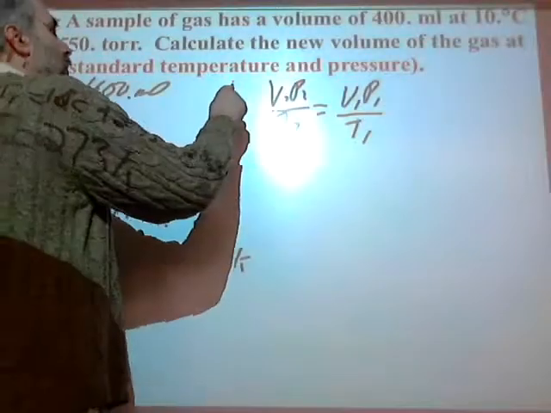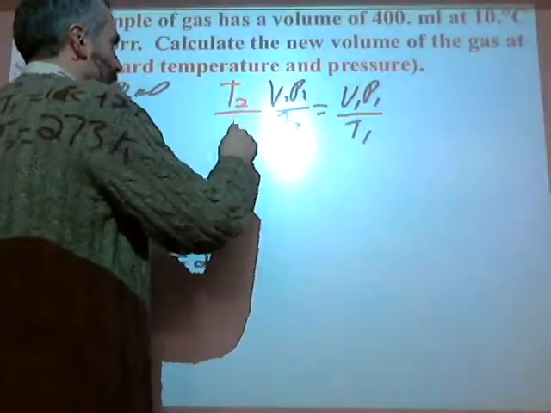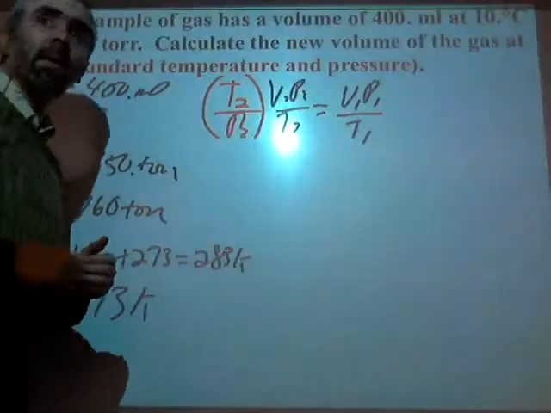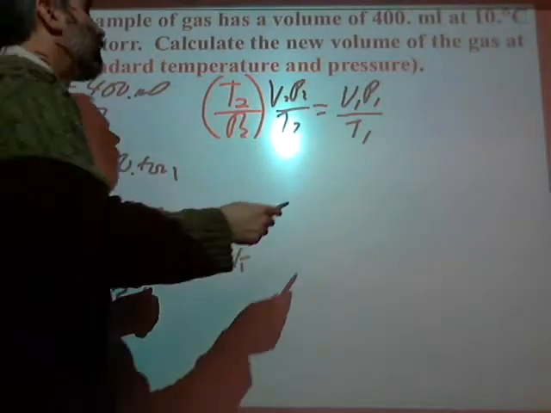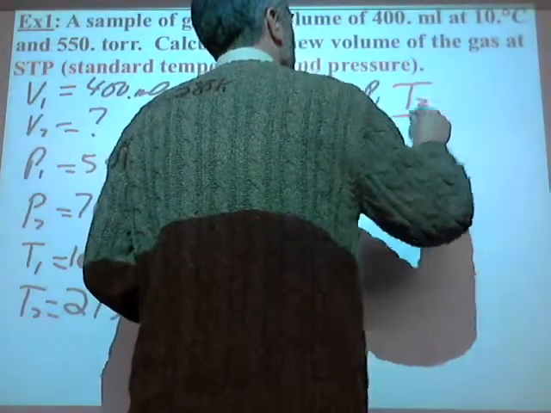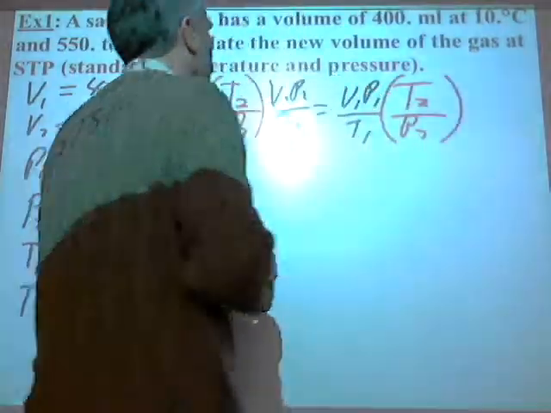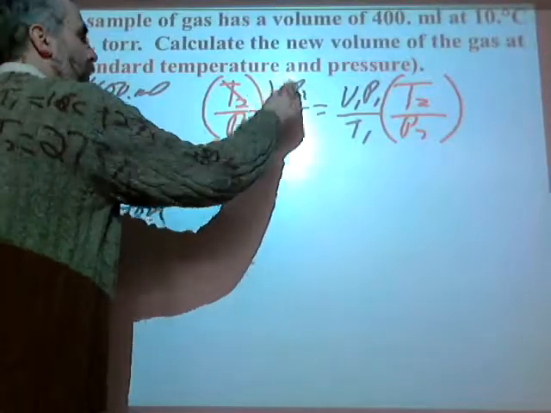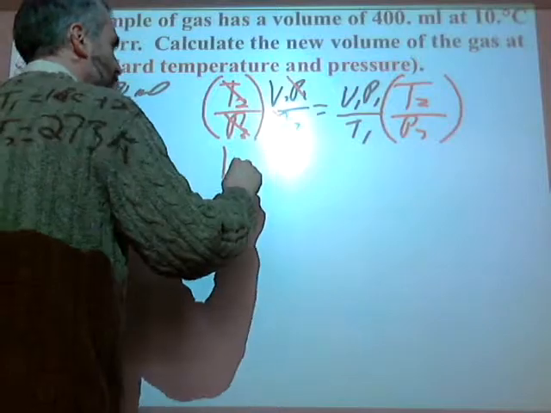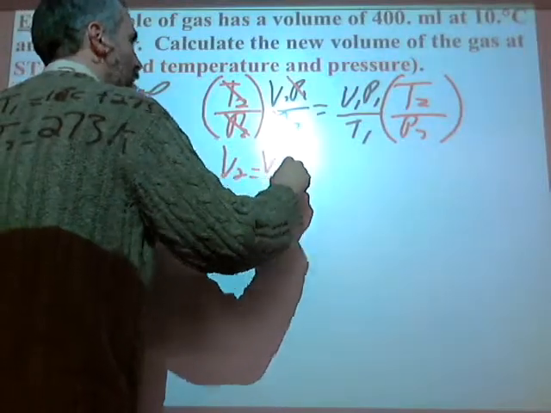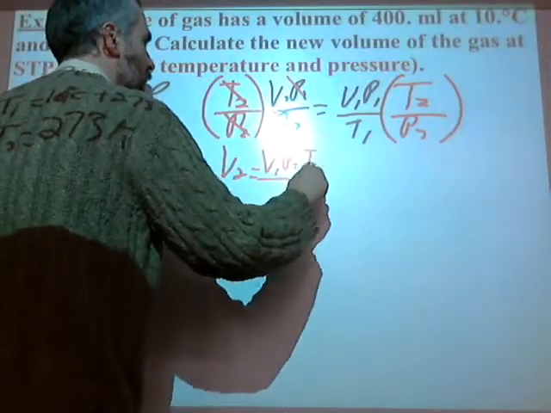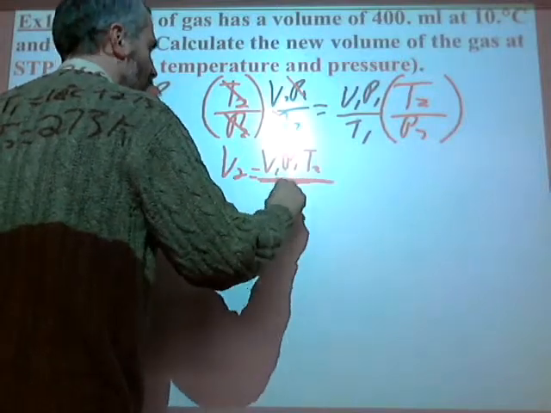How do I get rid of the P2? Divide by P2. Correct. So everybody agree that's what you do to both sides? If I do that to that side, I do it to this side. T2 cancels, P2 cancels, leaves me with V2 equals V1 P1 T2 over T1 P2.